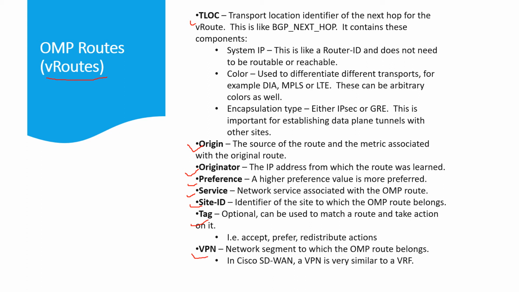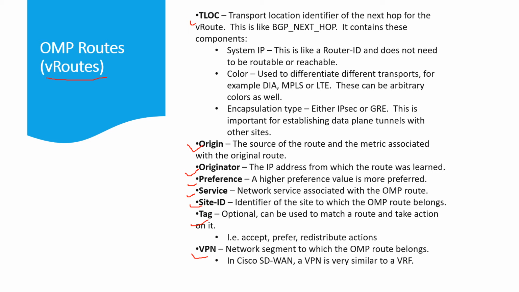As we can see, the origin is the source of the route, along with the metric associated with the original route. Originator is the IP address from which the routes were learned.